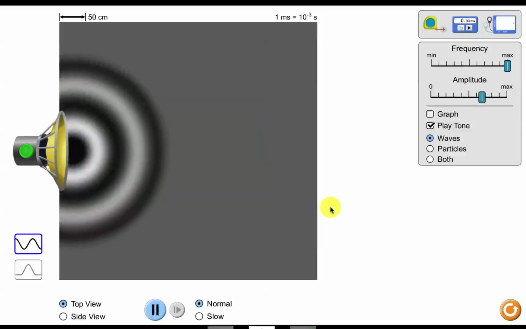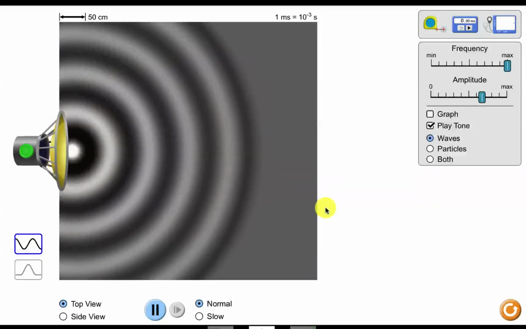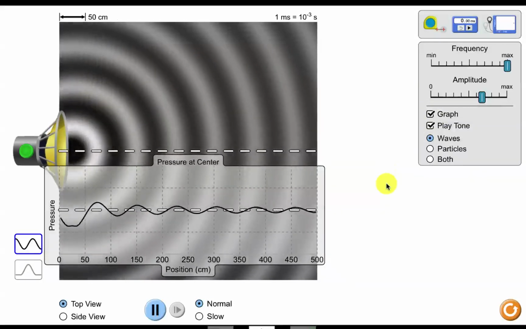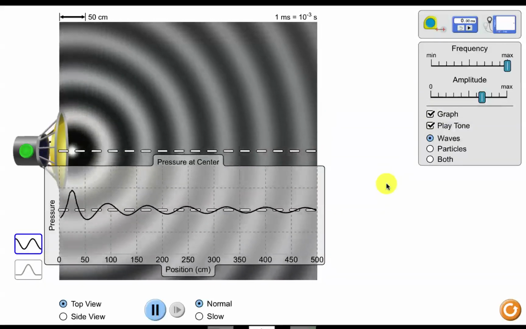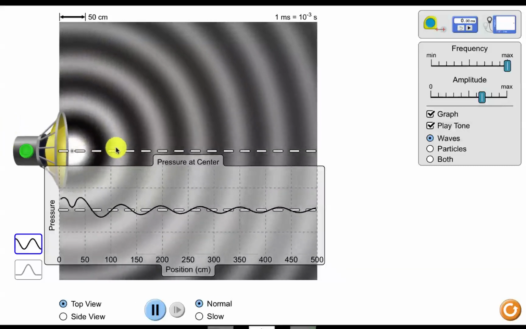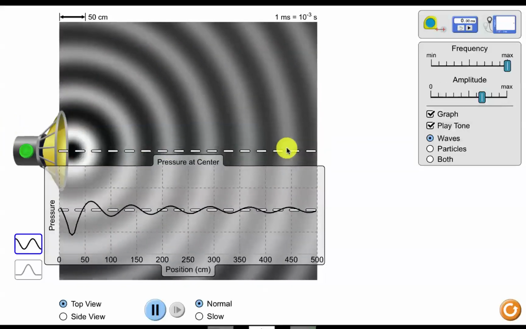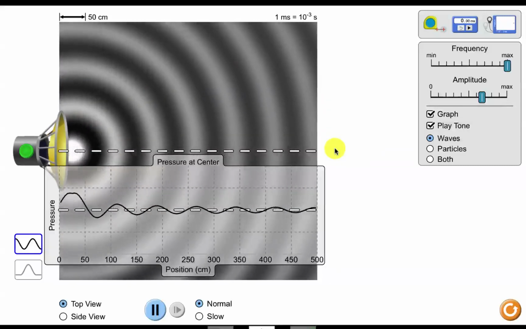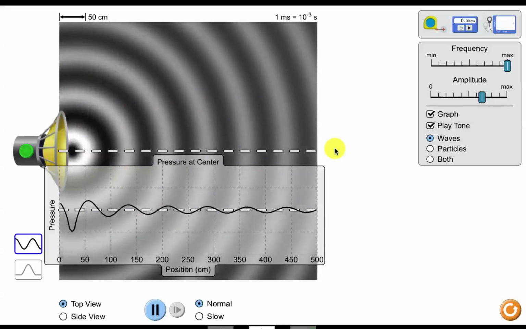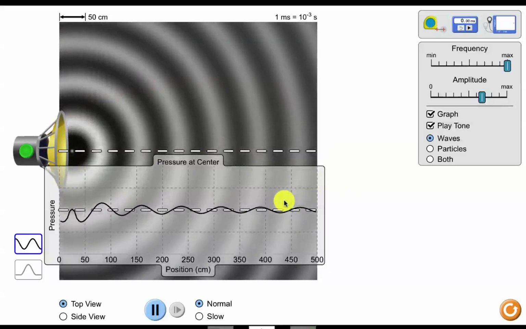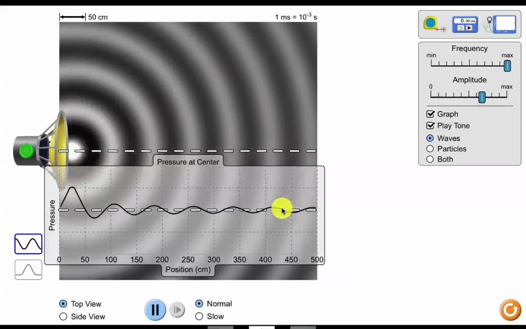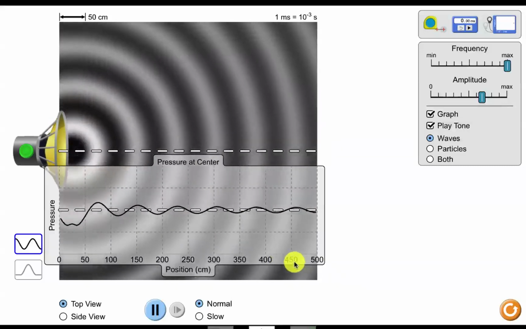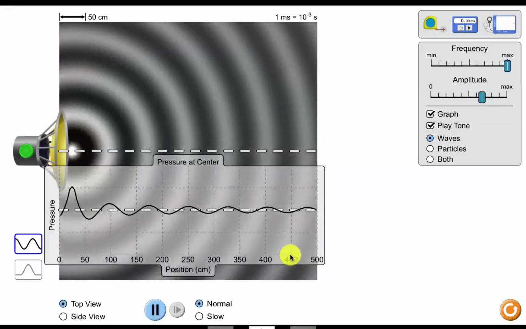But now I want to show something else. I want you to see the graph of pressure along this dotted line over here. And you see that if you have some means of measuring the pressure, this pressure is actually measured at each point. So let's fix our attention at position 450 centimeters from the source.